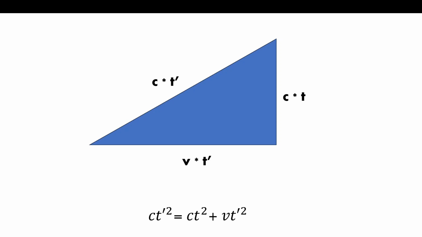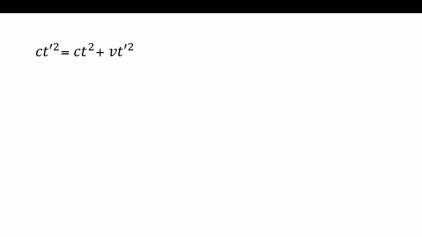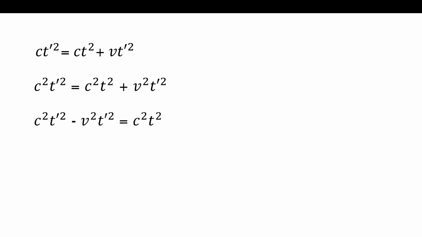Using this formula, we're going to rearrange it and find the value of t prime, and that will give us time dilation. Here we have our starting formula. First, we expand it, which is crucial for the next step, where we subtract v squared t prime squared from both sides.